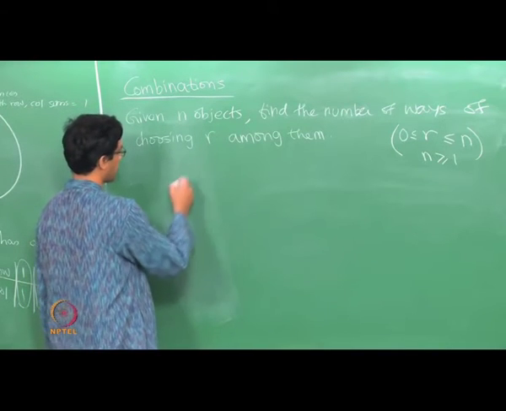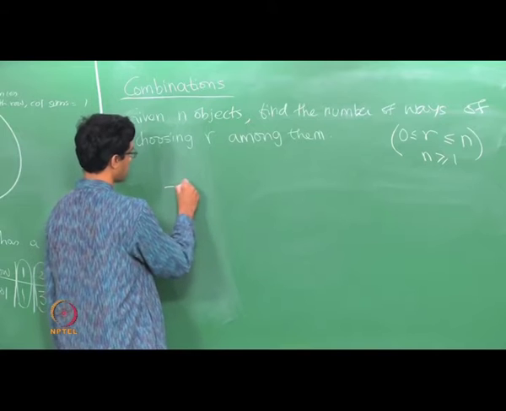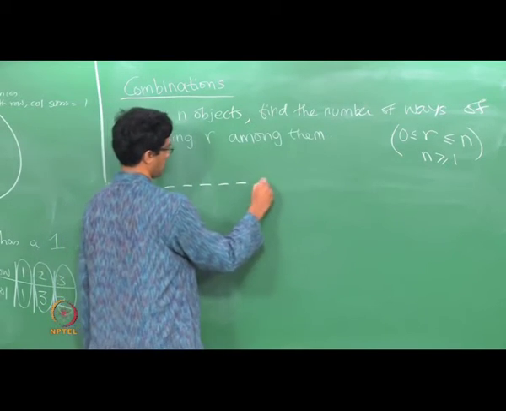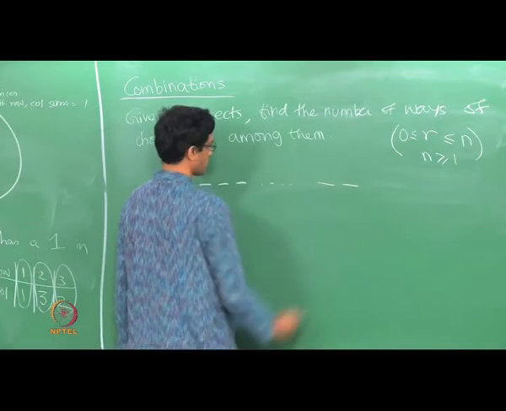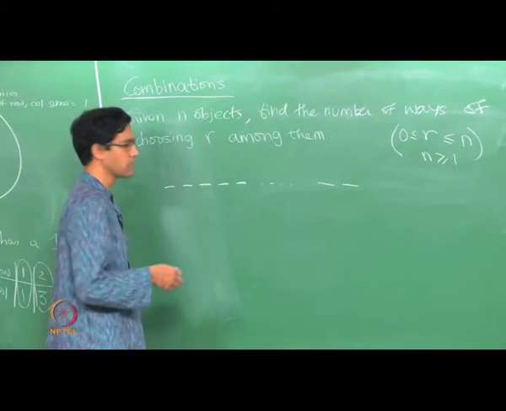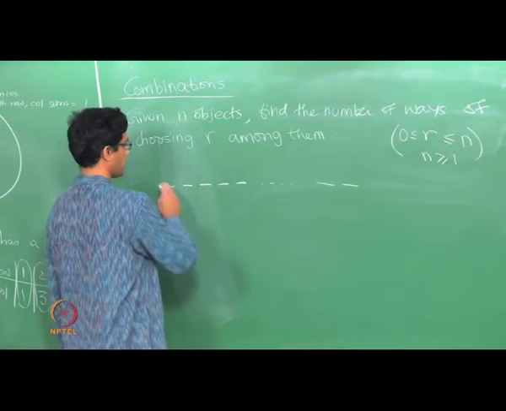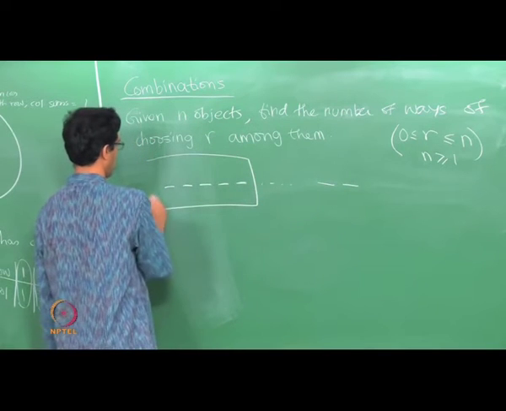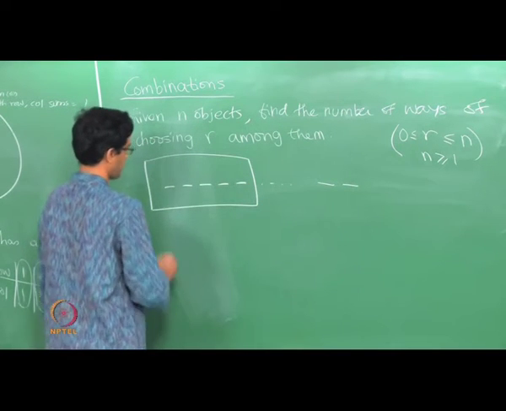So what this really amounts to is to say, well, let's arrange these n objects. So here's the n positions. You arrange these n objects in all possible ways. So you look at all possible permutations, and once you have a permutation you just choose the first R elements of that permutation. Okay.